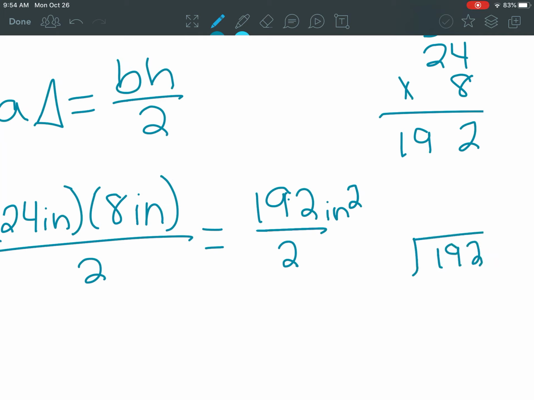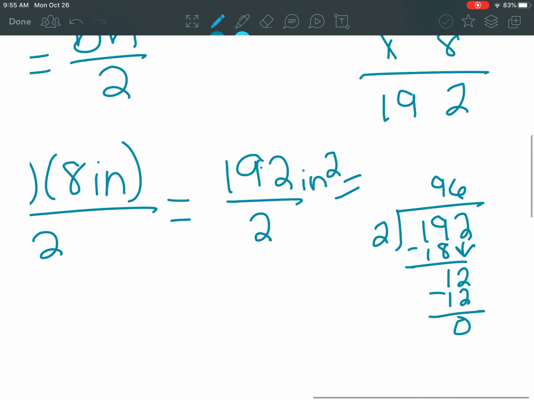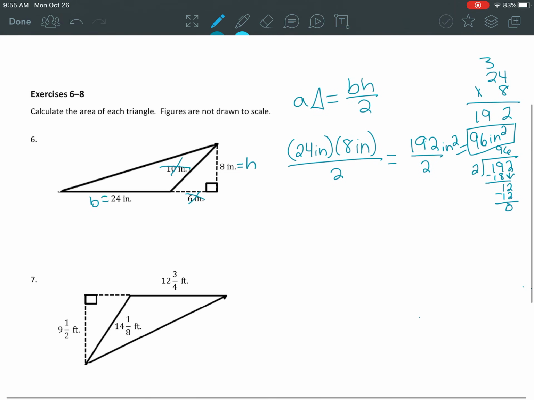So 192 divided by 2. 2 goes into 19 9 times. 9 times 2 is 18. 19 minus 18 is 1. Bring down the 2. 2 goes into 12 6 times. 6 times 2 is 12. 12 minus 12 is 0. So that means the answer here is 96 inches squared. That is our answer for number 6.